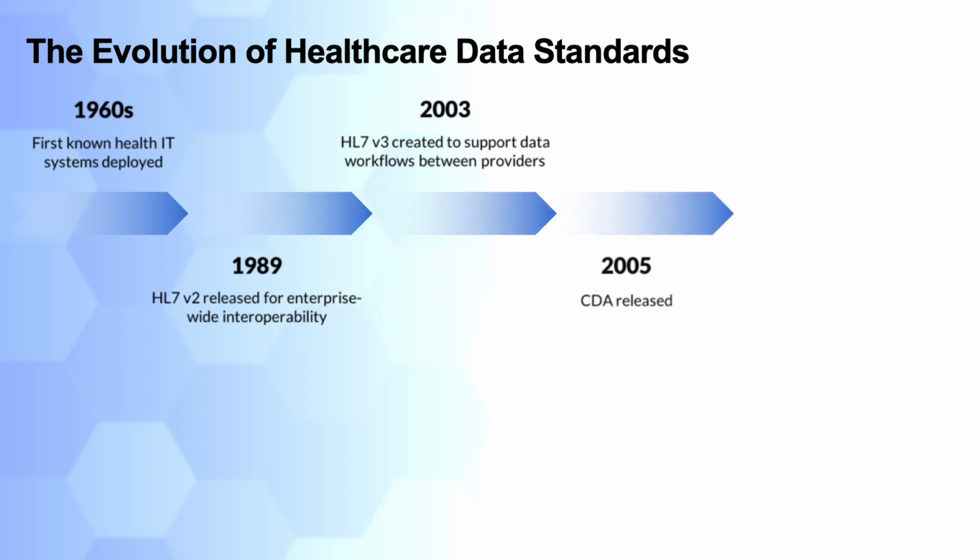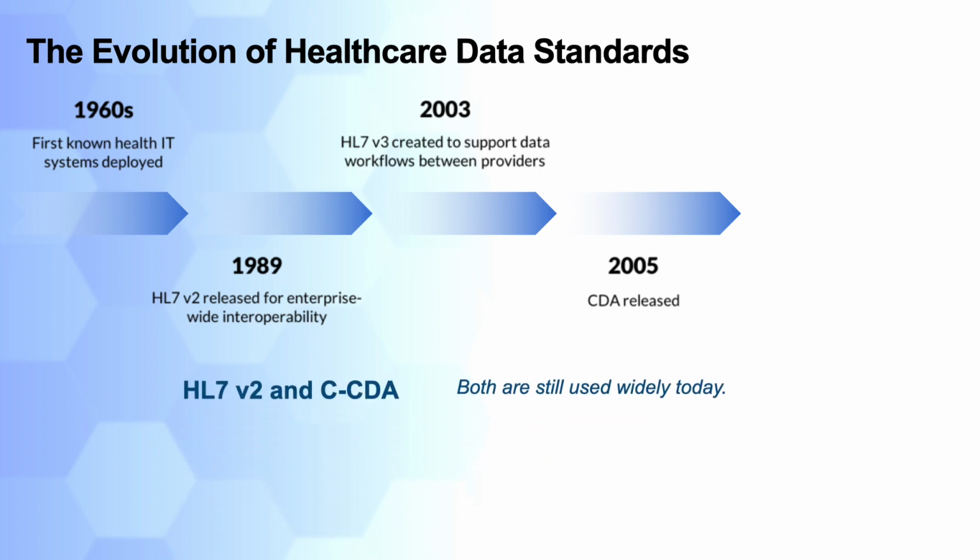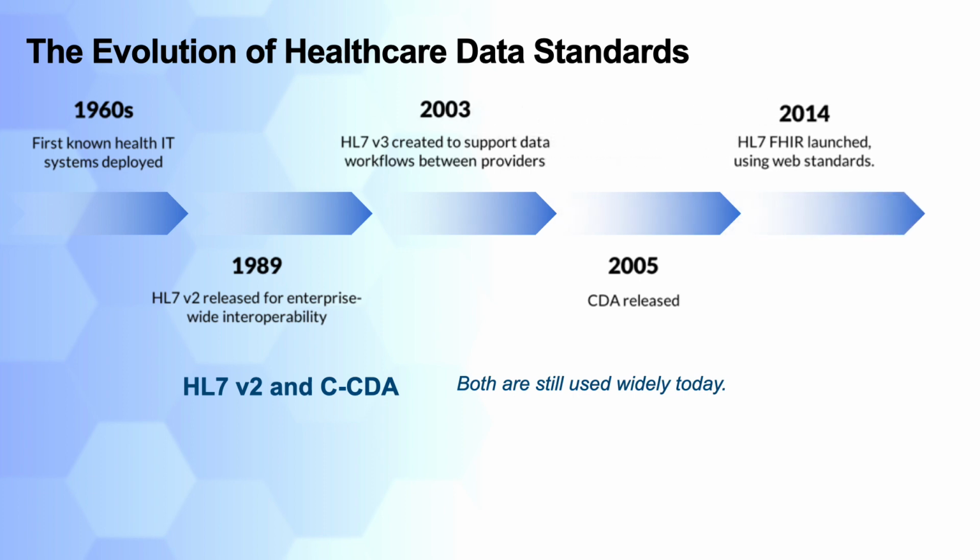Two years later, the Clinical Document Architecture, or CDA, format was released, later becoming known as the Consolidated Clinical Document Architecture, or C-CDA. This is now the most common format for health information exchange in the United States. In 2014, the Fast Healthcare Interoperability Resources Standard, or FHIR, as it came to be known, was introduced by HL7.